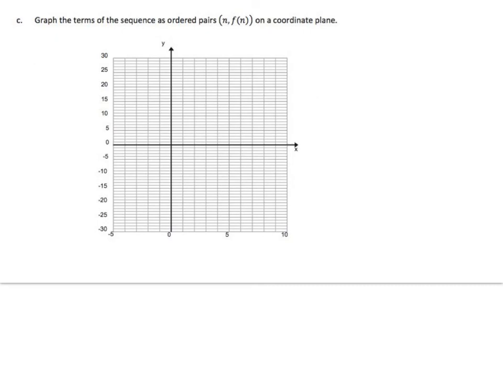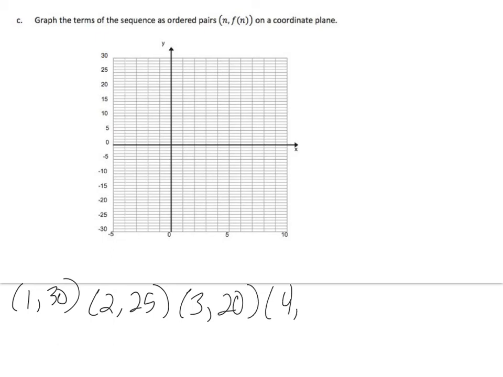So graph the sequence. Let's see, I had first term was 30, second term 25, third term 20, fourth term 15. So let's go ahead and graph it. I'm going to go over 1, up 30.